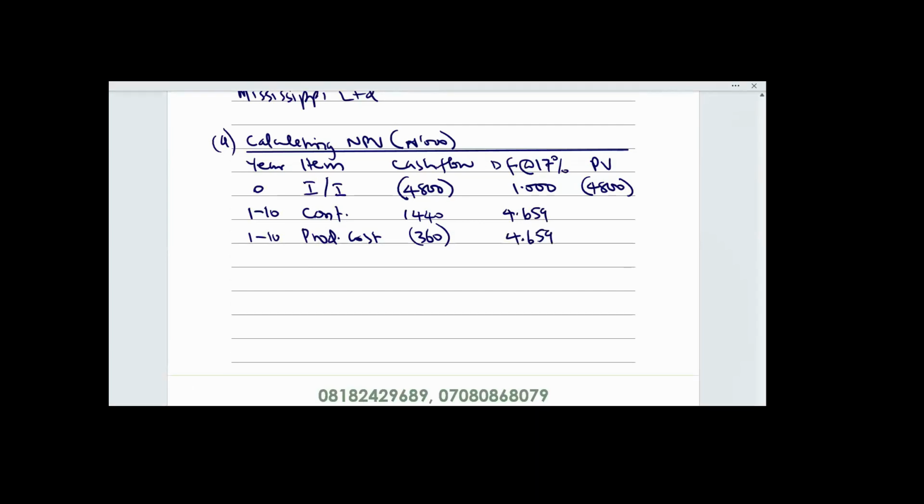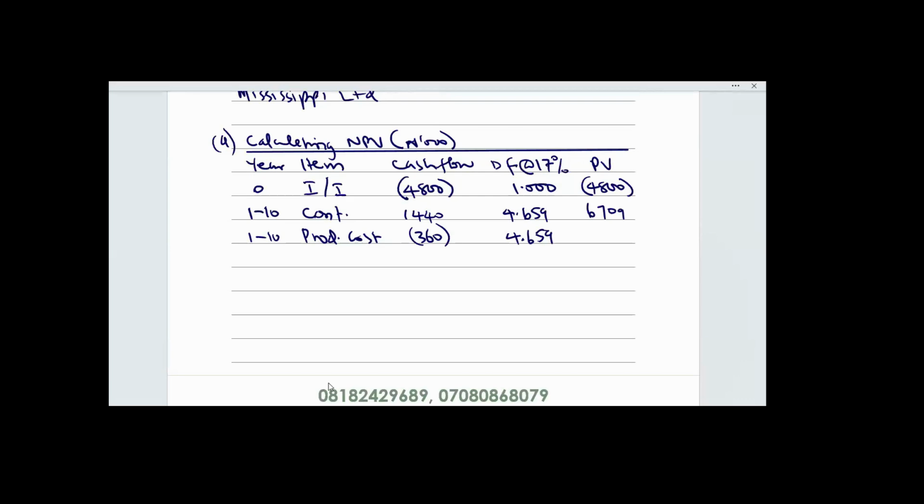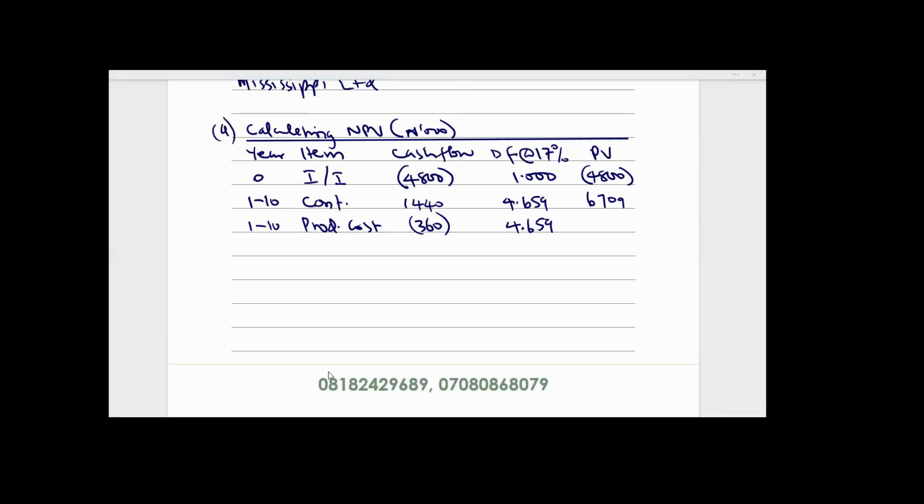So I need to get the present value. 1,440 multiplied by 4.659 equals 6,709. Then 360 multiplied by 4.659 equals 1,677.